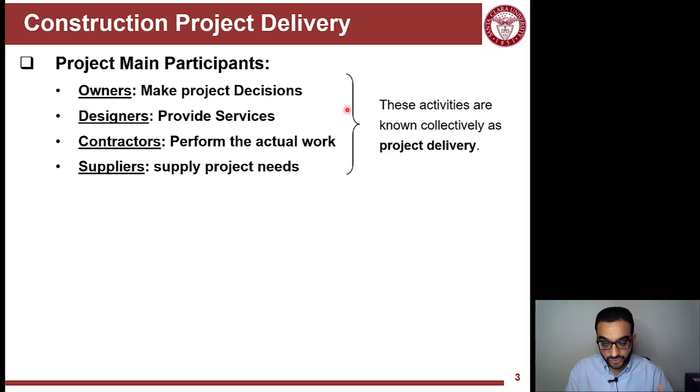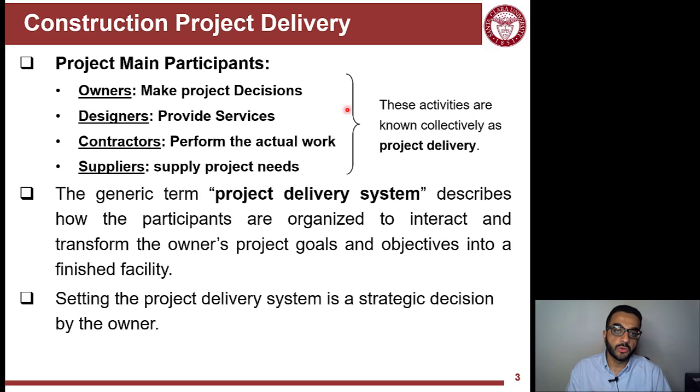Getting these participants together, this is what we call the project delivery. And organizing these participants is what we call the project delivery system. How are you going to organize these participants to deliver the project in a way that can efficiently transform the owner requirements and goals of the project into reality?